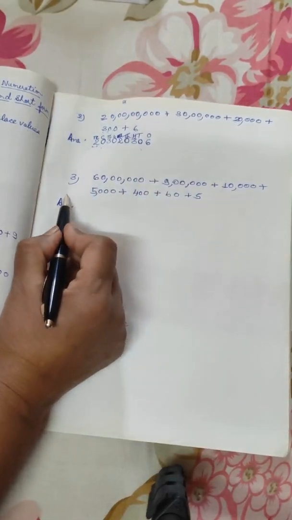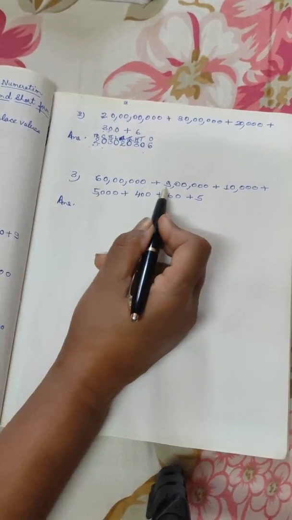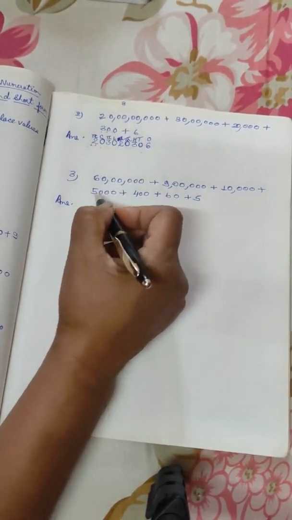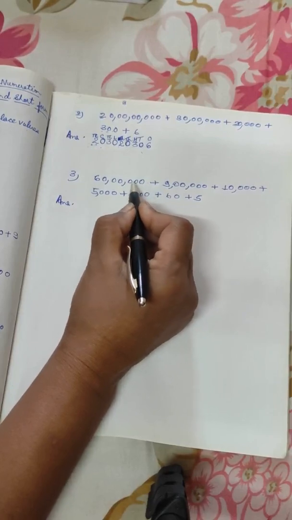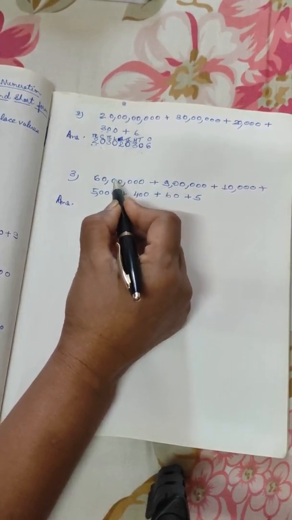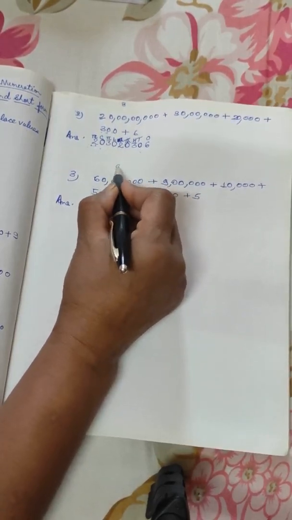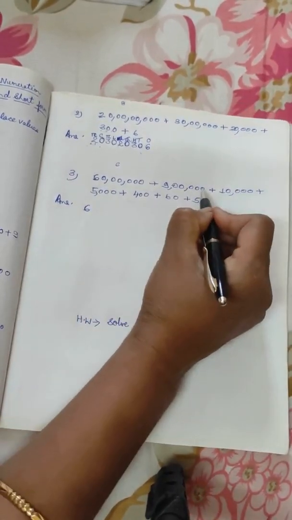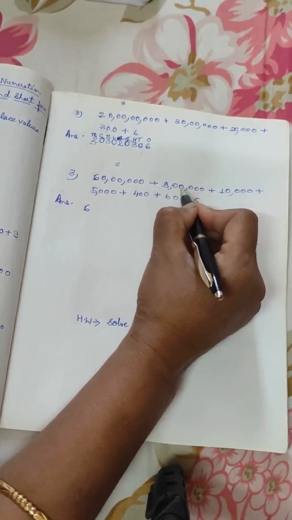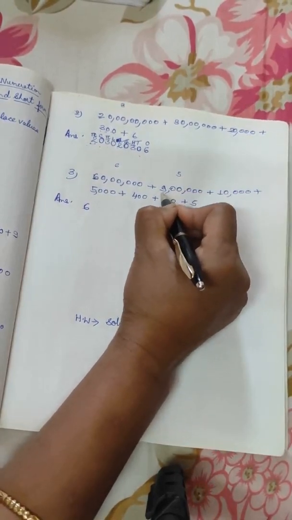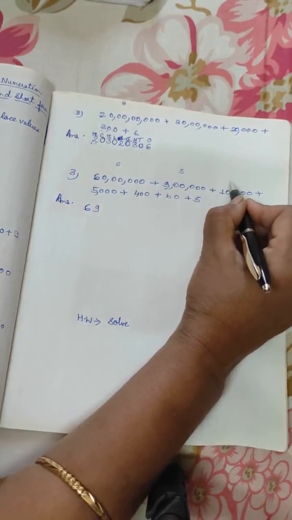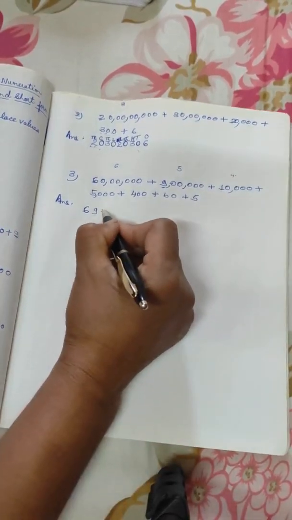Now the next one, you see, this is the expanded form. Now how do you write the short form? Now you count the zeros, 1, 2, 3, 4, 5, 6. So write the digit, this digit 6. Again count the zeros, 1, 2, 3, 4, 5. Then you write this digit 9. Then 1, 2, 3, 4. You write this digit.